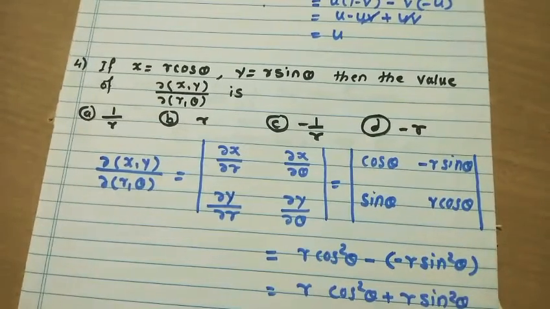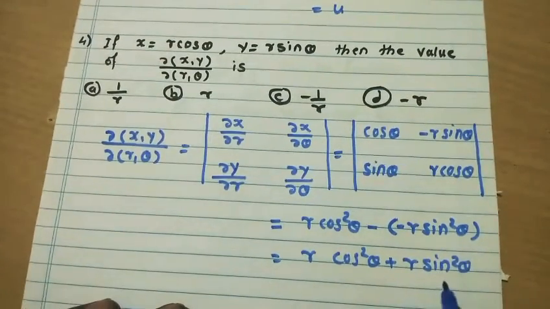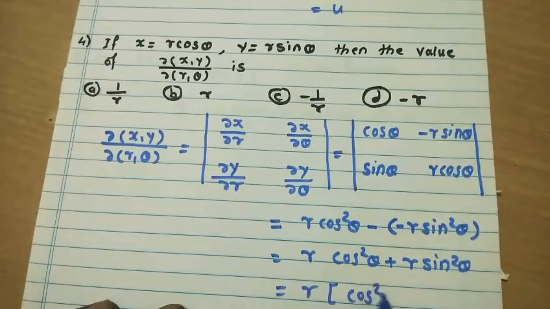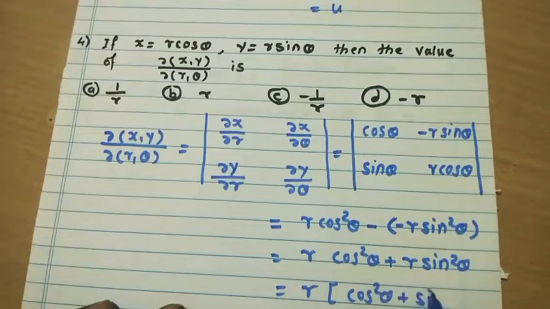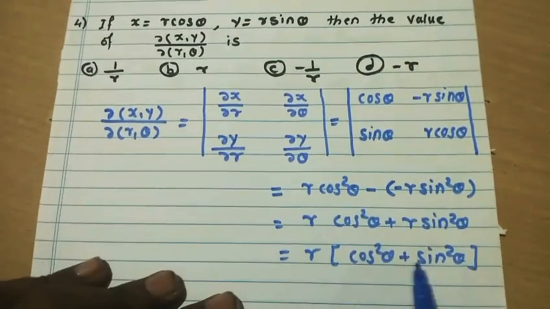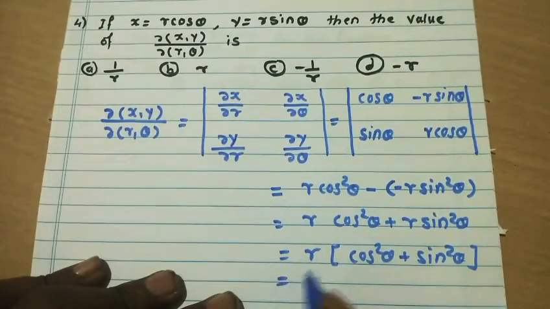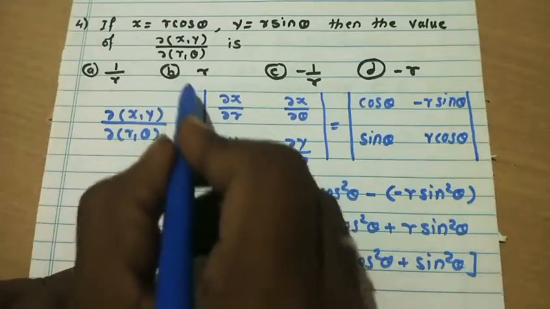Now you can take r outside, in the bracket it will be cos square theta plus sin square theta, but cos square theta plus sin square theta is 1, so r into 1 is r only, so option B is correct.